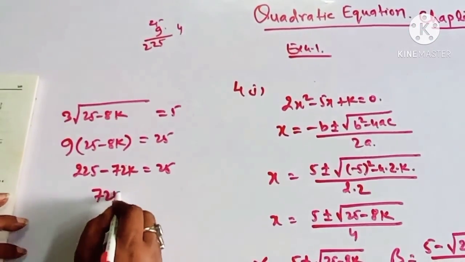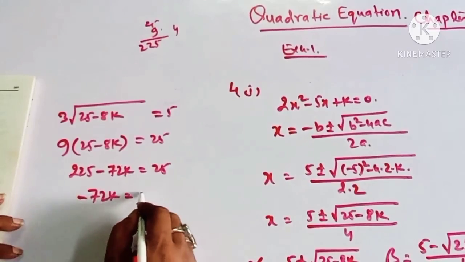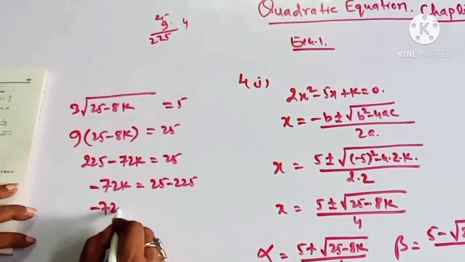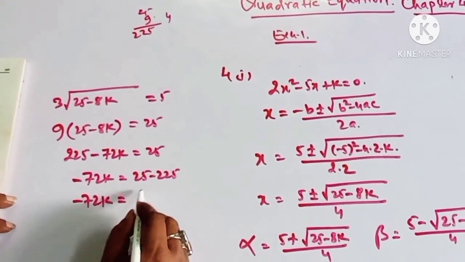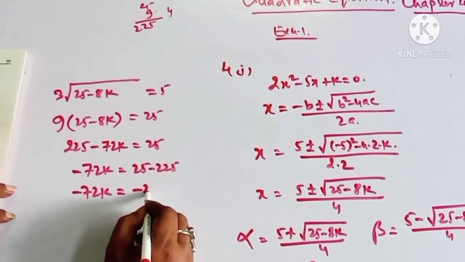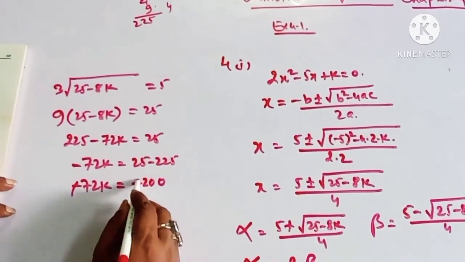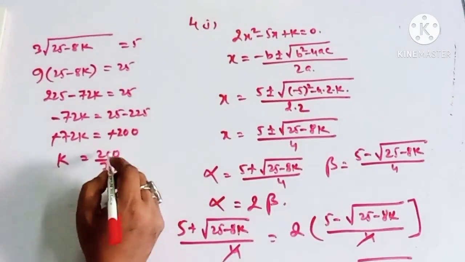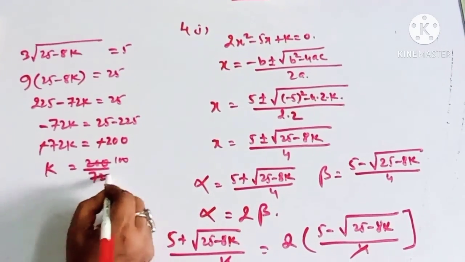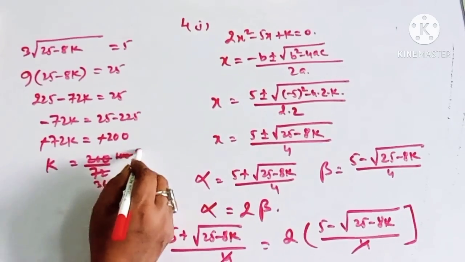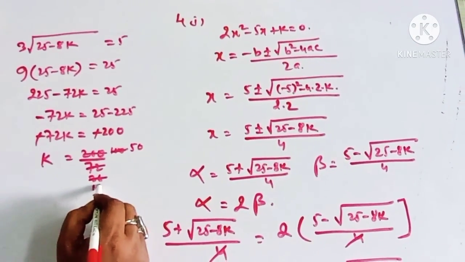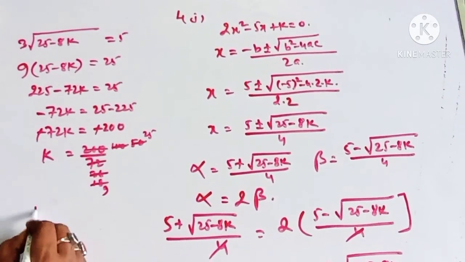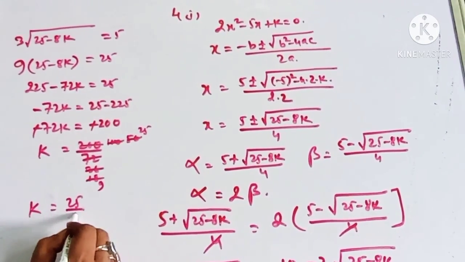So −72k = 25 − 225, that is −200. The minus signs cancel out. So k = 200/72. Here, dividing by 8, the value of k is 25/9.